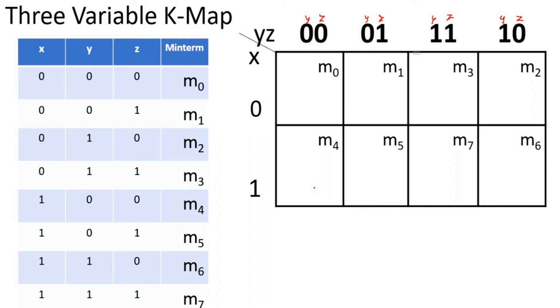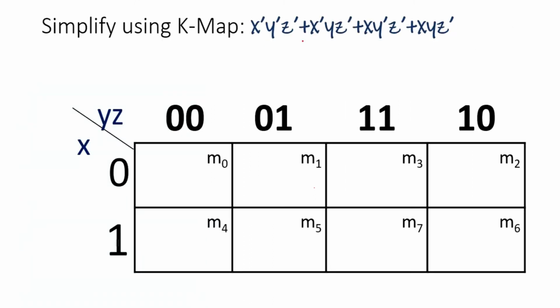Now, let's try to simplify the Boolean function given sa example natin kanina gamit ang K-map. So, ito yung example natin kanina, ipla-plot natin siya sa K-map. So, again, kapag may prime, ibig sabihin ang value ng variable na yun ay 0. Kapag wala, ang value niya ay 1. Okay, so dito, ang value ni x ay 0.